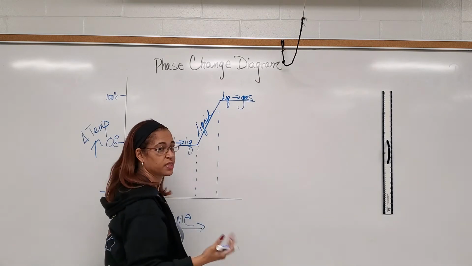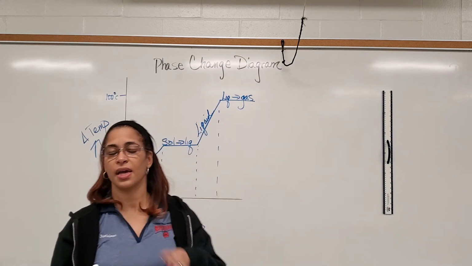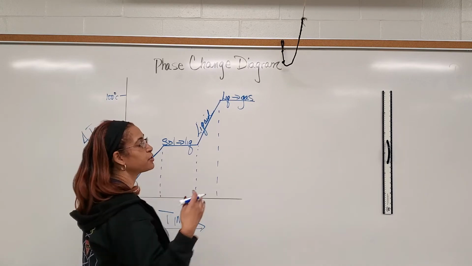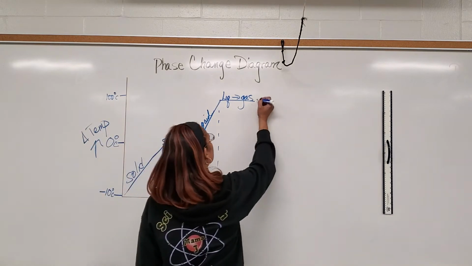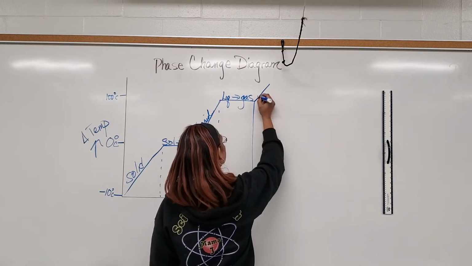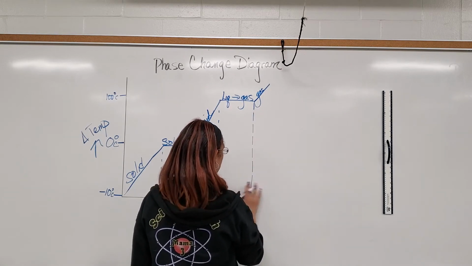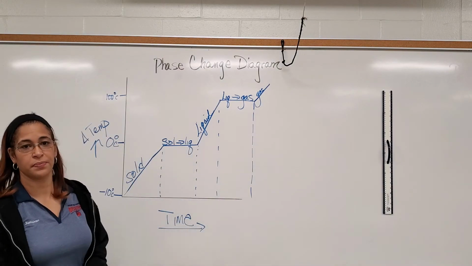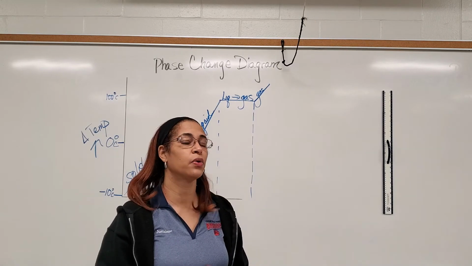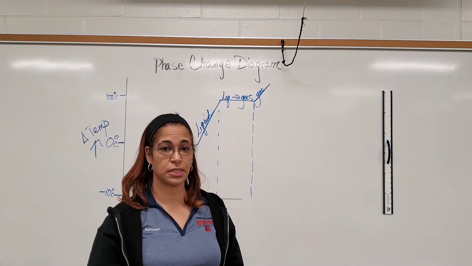And at this point, once again, the temperature stays consistent as energy continues to enter the system, and it changes from a liquid to a gas until ultimately the entire system has changed into a gas, and then the gas will continue to increase in temperature until it reaches equilibrium with the environment. Okay, so once it reaches the same temperature as the environment, there will not be an energy flow in either direction, and you've completed your phase changes.